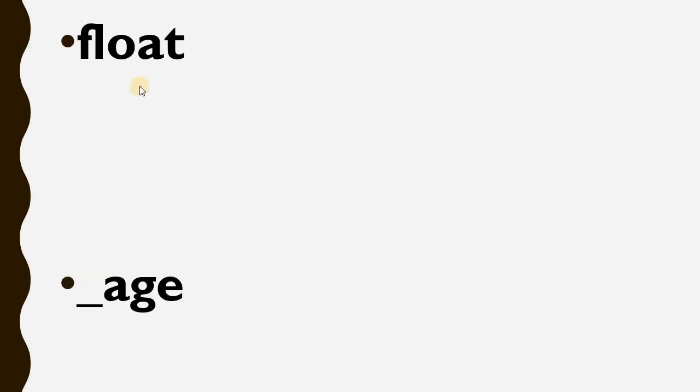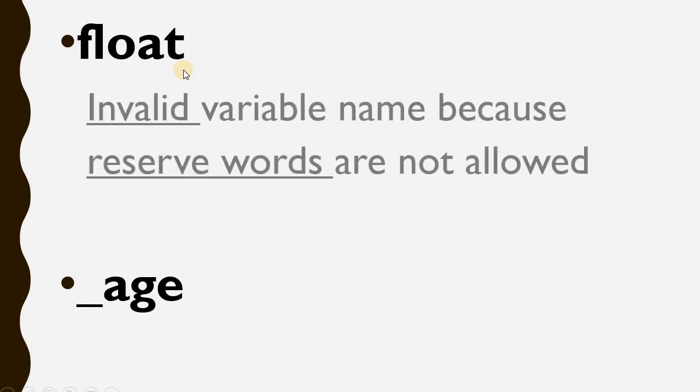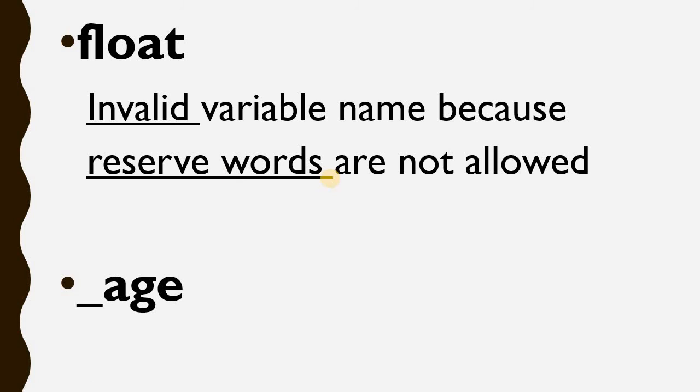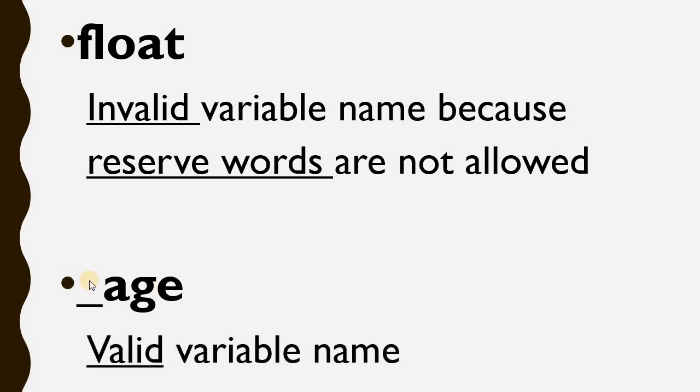Good. Next one is float. Float is invalid because it is a reserve word in C and C++ language, whereas reserve words are not allowed for naming a variable. So it will be invalid. Next one, underscore age. It's a valid variable name.